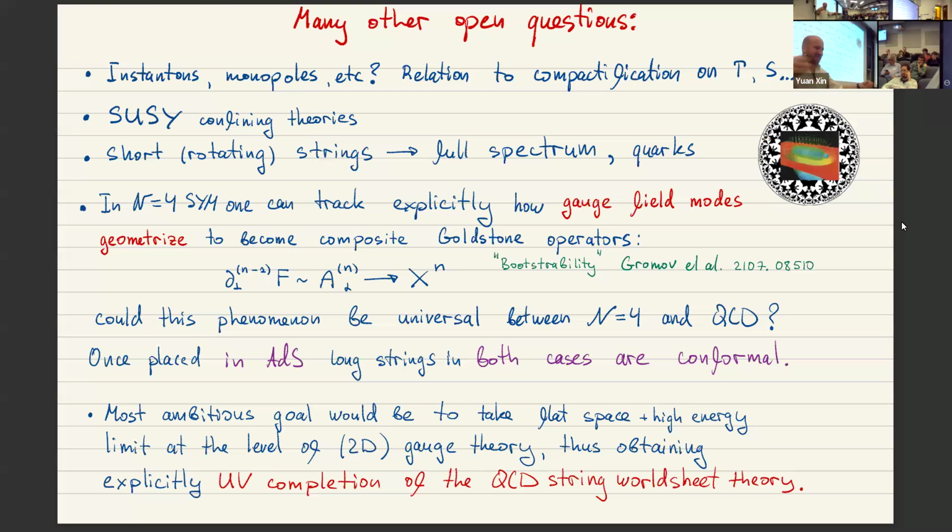And I'm saying that this is the formation of the string, which is just the 2D Yang-Mills dynamics, but we haven't made it precise yet. But I'm saying that in N equals 4, exactly the same thing happens. It doesn't matter that you ended up in AdS5. Who cares? You have just one more Goldstone boson. It's sort of a minor detail, but there you can actually see it very well.